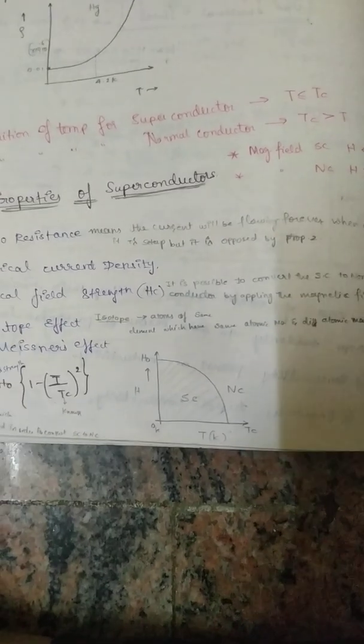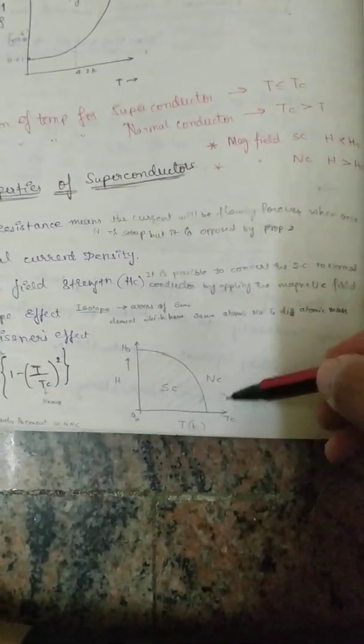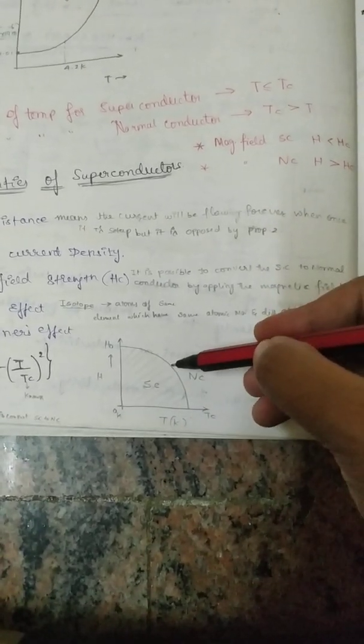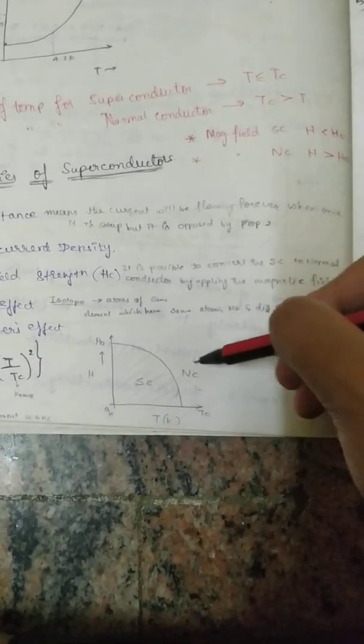We can see here this is H0 and this is Tc, the critical temperature. Below this we have superconductors and above this we have normal conductors.